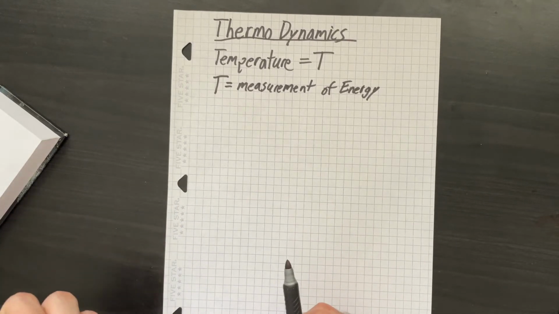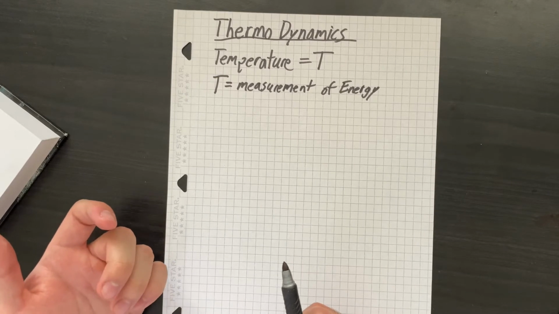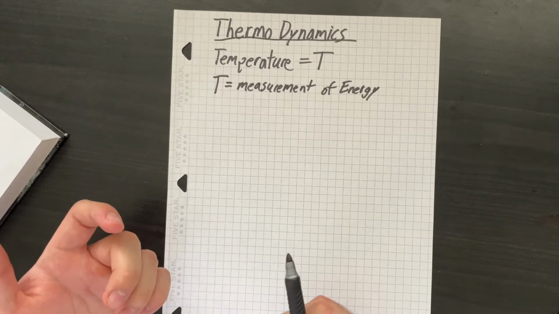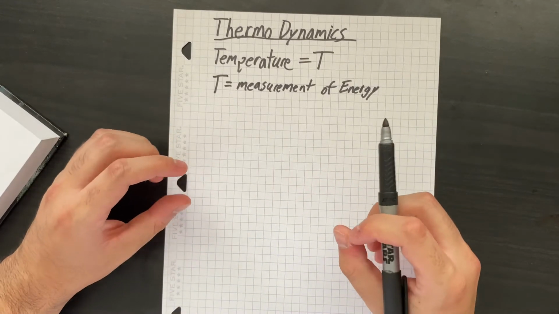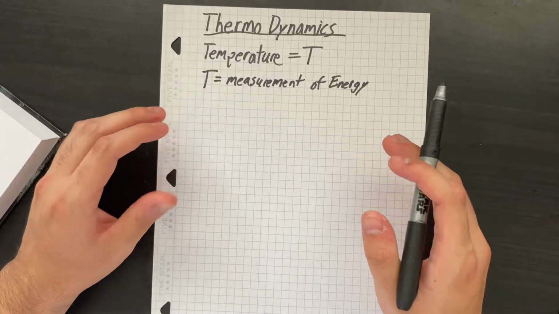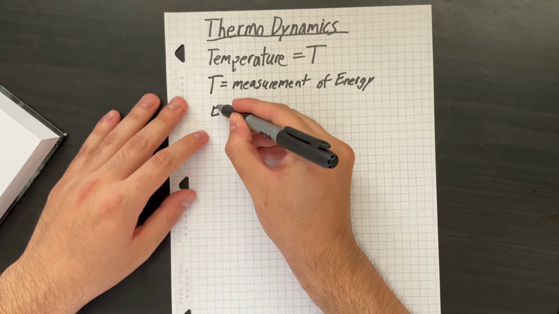Now, when two systems interact with each other, they behave differently. And the interactions going on between them won't be covered right now, but eventually those interactions will end and reach what's called equilibrium.